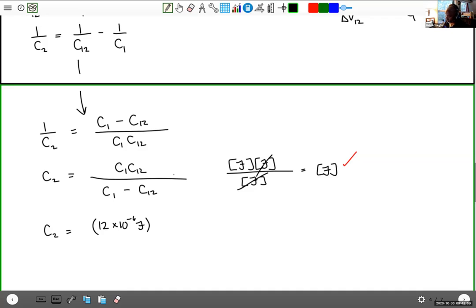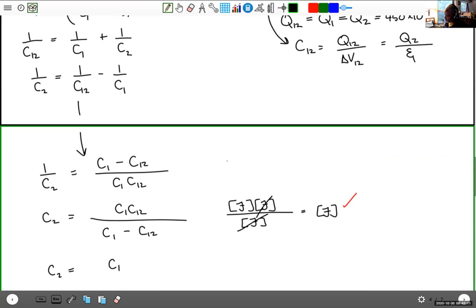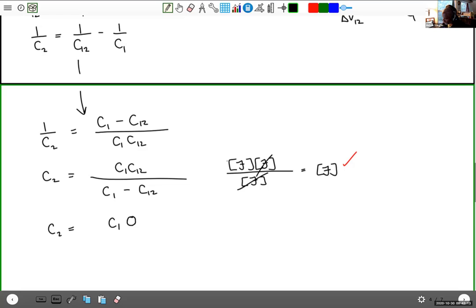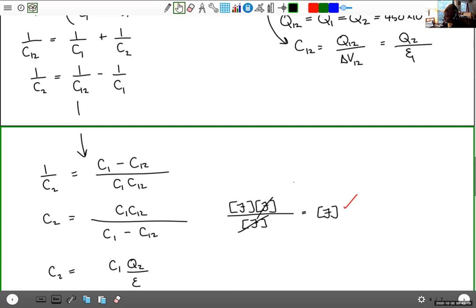Actually, before I plug in numbers, let's break down the capacitance of the equivalent capacitor, because we know the capacitance of the equivalent capacitor is the charge on capacitor 2 over the EMF of the battery, as we found up here.